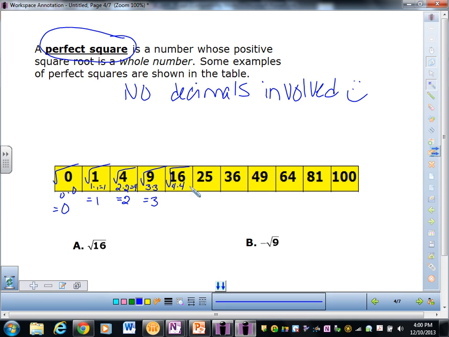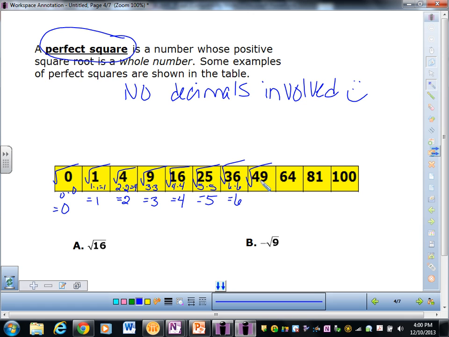Well, 4 times 4 equals 16, so the square root of 16 is going to equal 4. Now we have the square root of 25. What times itself equals 25? 5 times 5 equals 25. So the square root of 25 is 5. Square root of 36. What times itself equals 36? Well, 6 times 6 equals 36. So the square root of 36 equals 6.